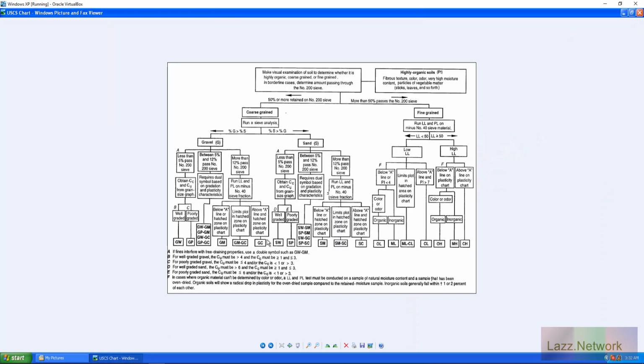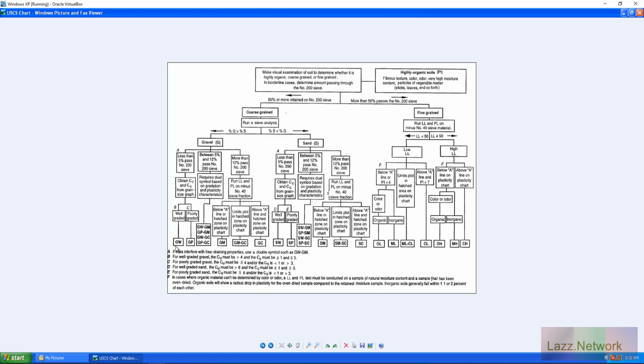Okay, so that's what this is talking about here. If we go over to this side, if it's sands, I'm pretty sure if you've been paying attention, it's following the exact same premise as the gravel. The only difference is your codes have changed.